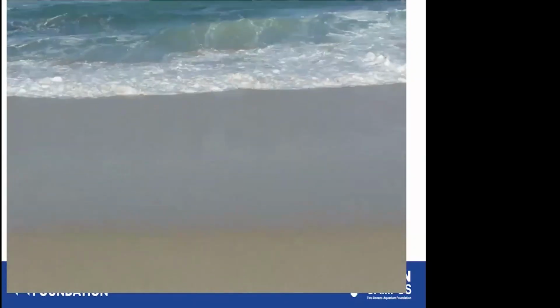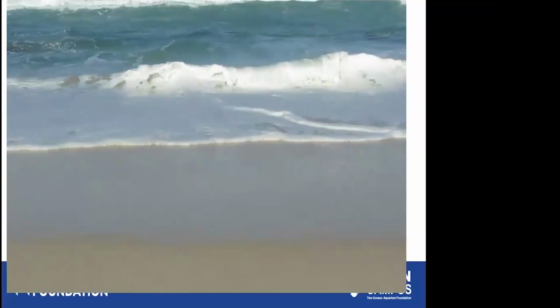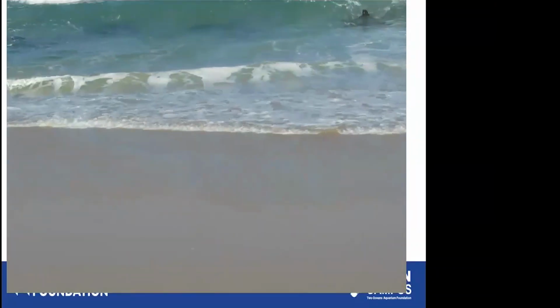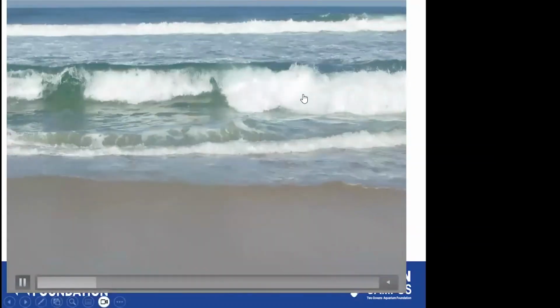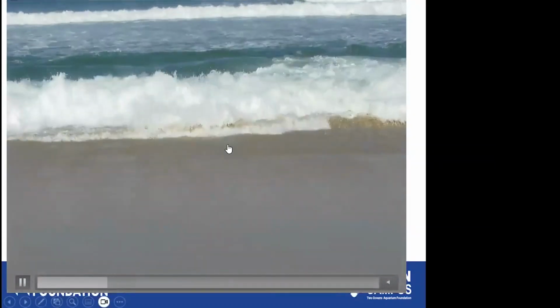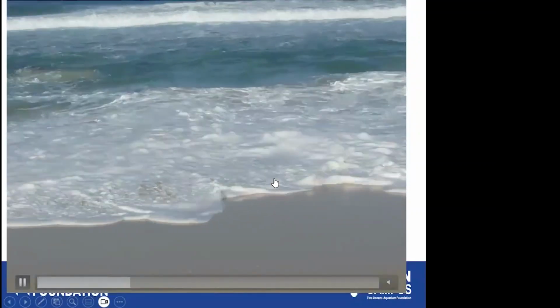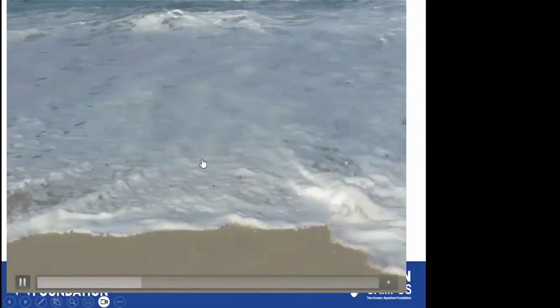They're reliant on the food that washes up on the beach after a storm. And that doesn't happen too often. And so that means that some of those organisms that reside in this area are going to have to be able to deal with less food coming into this environment.